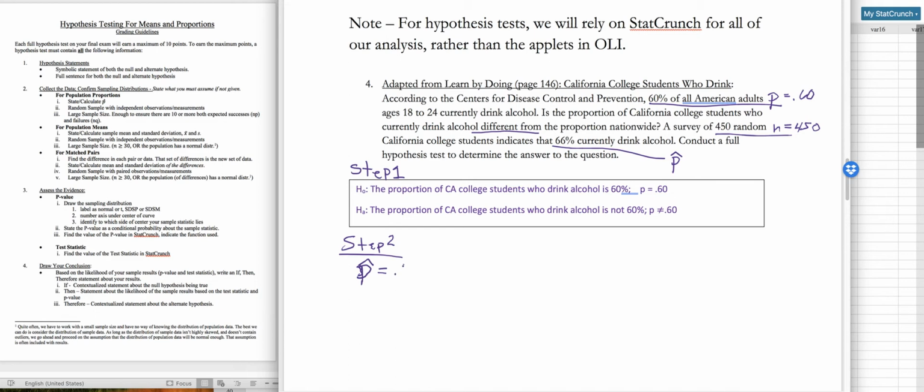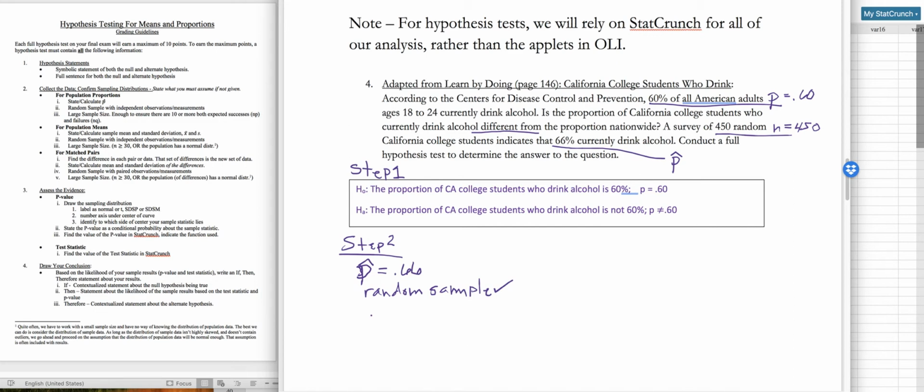We wrote that down earlier. It is 0.66. The next thing we do is confirm that we have a random sample. And we are told that we have a random sample, so that's good. Let's just note that here. Check. We're good with that.